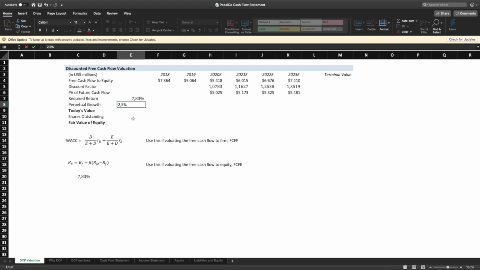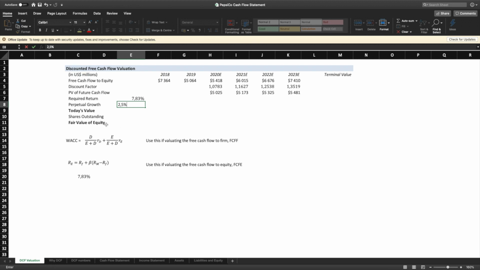The key here is to use a perpetual growth rate that is in line with the long-term market. We can't use too high of a number here, because let's imagine that I decided to use a perpetual growth rate of 4%, and at the same time the market is growing in perpetuity at a rate of 3%.